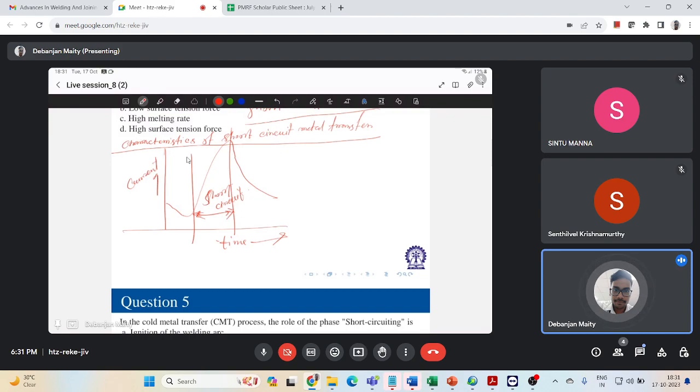Because you are retracting your weld wire at a short circuit condition, it ensures a drop by drop deposit, which is not the case for other metal transfer.